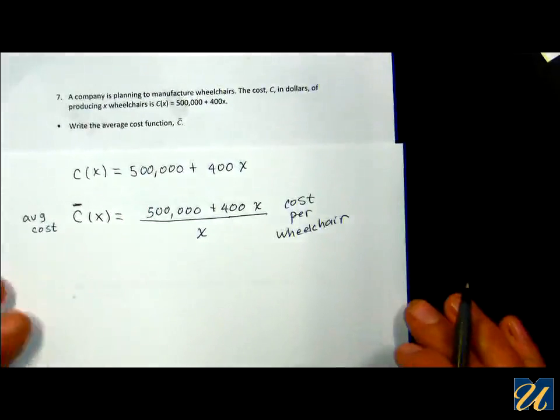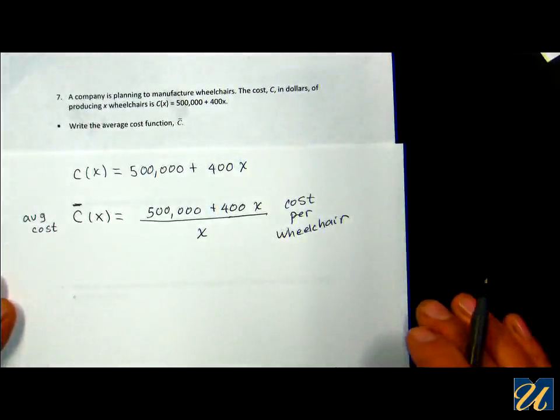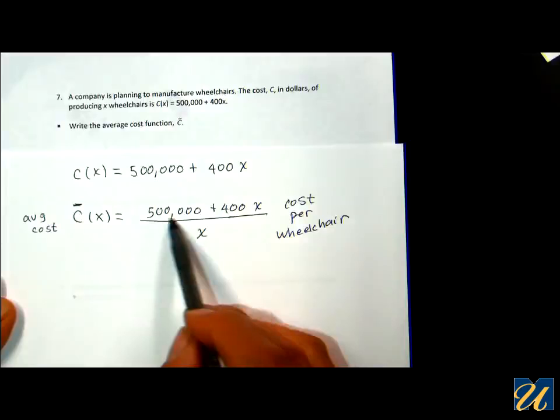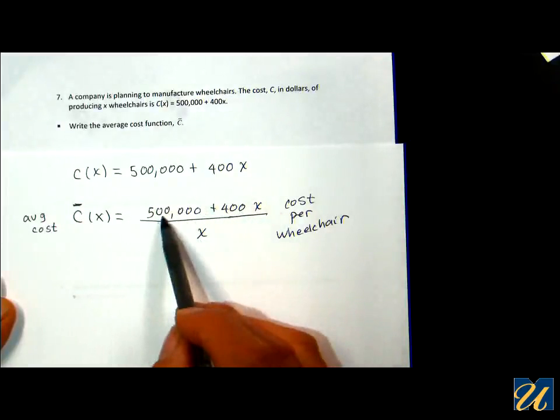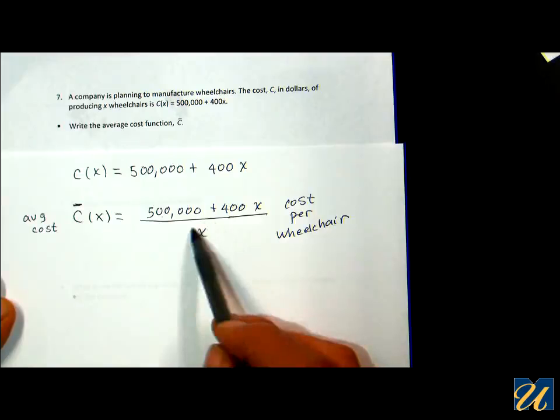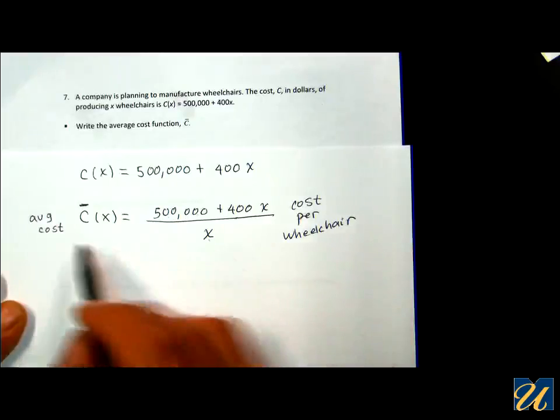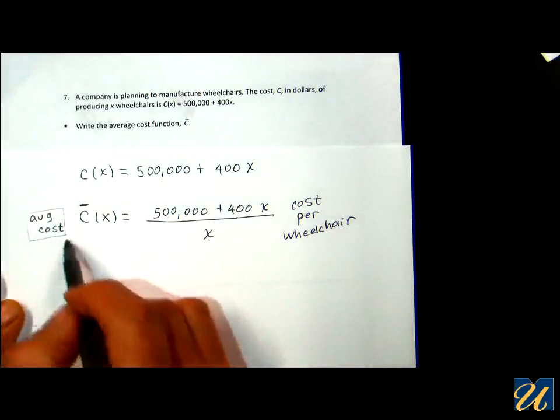Look back into the problem, we're producing x wheelchairs. So you take the cost, C of x, and divide it by x, the number of wheelchairs, and then you have the cost per wheelchair, and that is the definition of average cost.